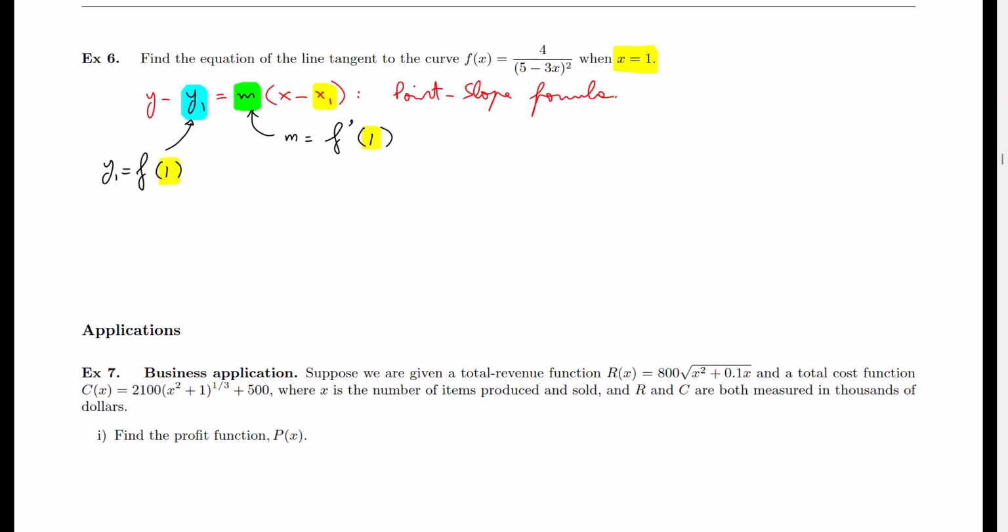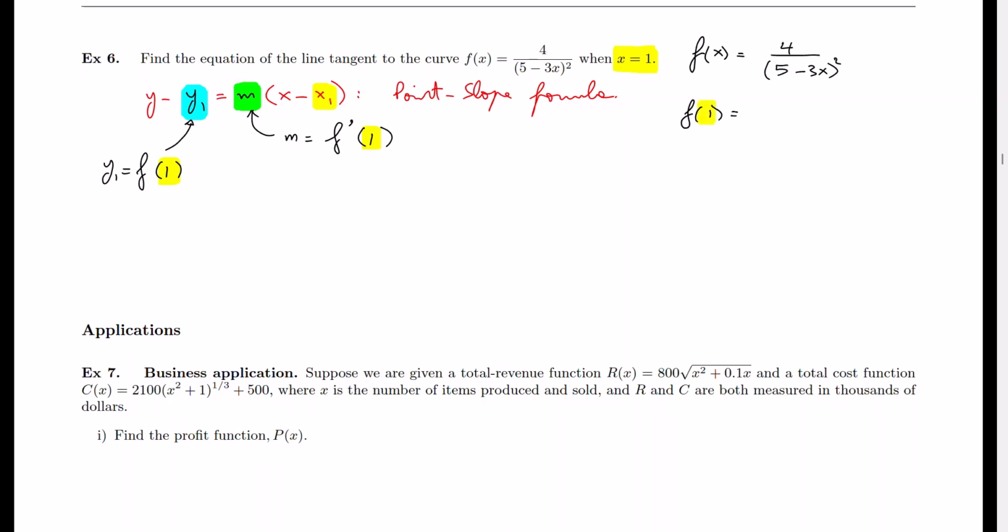You just use the regular f of x. So basically, we have to plug 1 into 2 different things, into the function and into the derivative of the function. So remember, the function is f of x equal to 4 divided by 5 minus 3x, all of it squared.